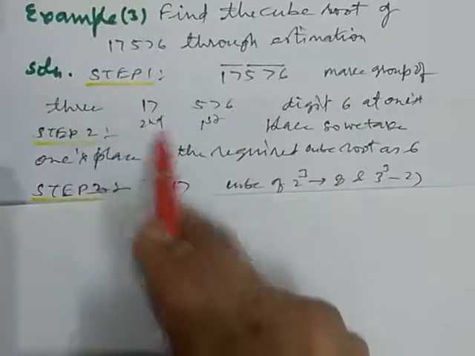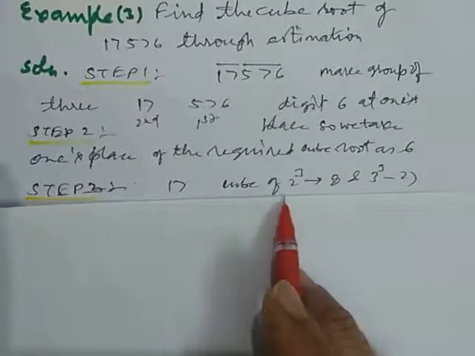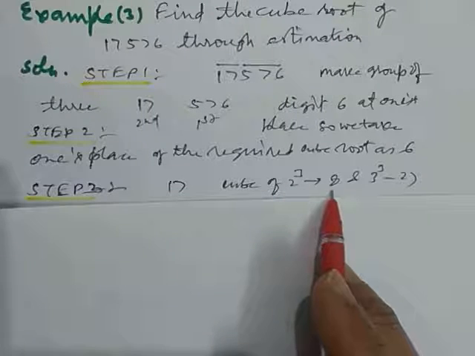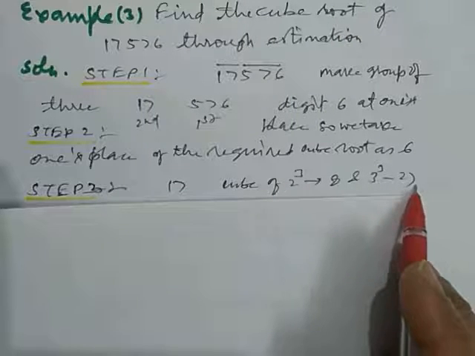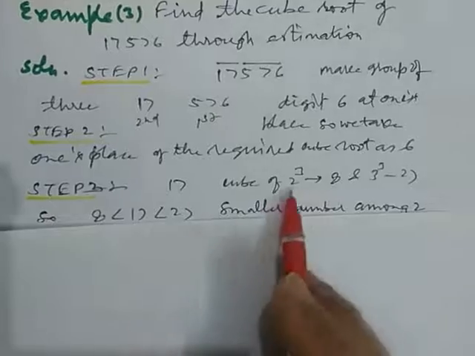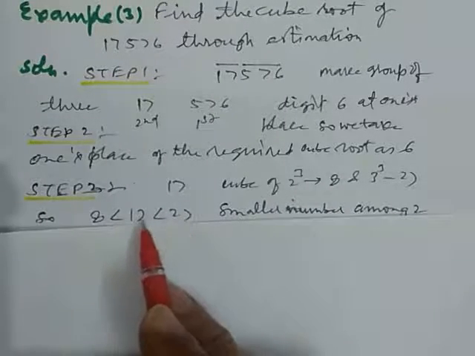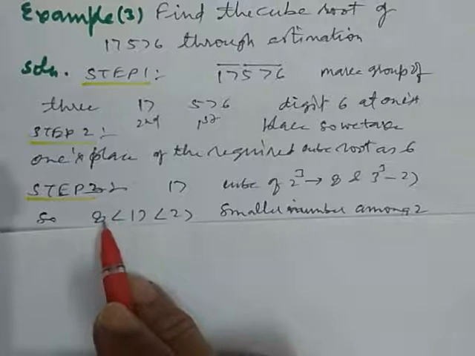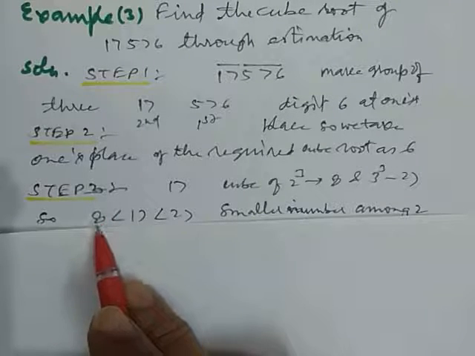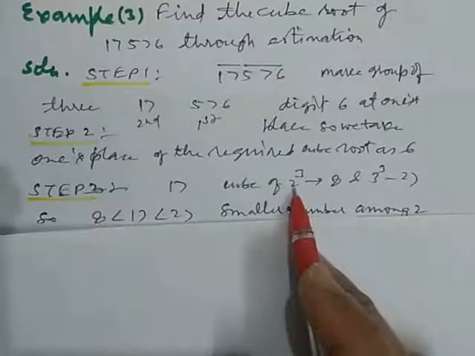Now take the 17. The cube of 2 is 8 and the cube of 3 is 27. But 8 is smaller than 17 and 27 is greater than 17. So we select 8, and the cube root of 8 is 2.